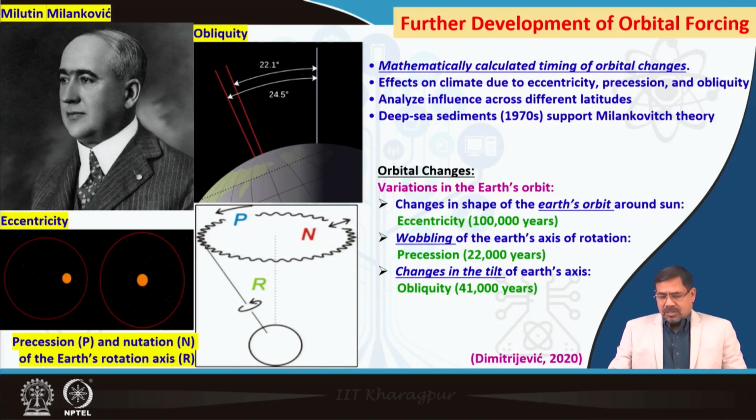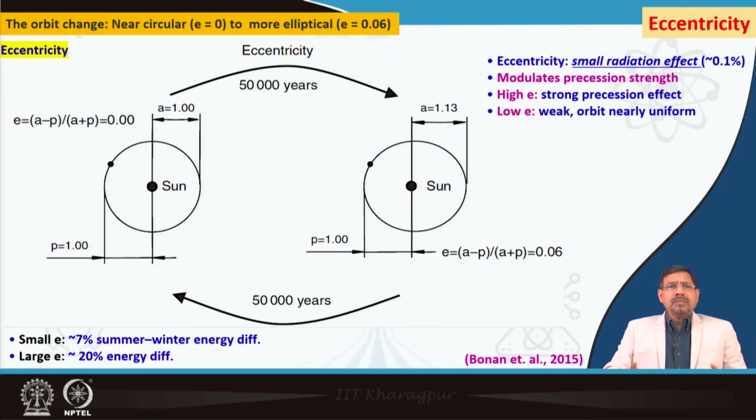Now, let us understand the term eccentricity in more detail with these diagrams. Eccentricity has a small radiation effect, less than 1%. Look at this diagram here, where we can see the variation of eccentricity at 1 lakh years in shorter epochs.